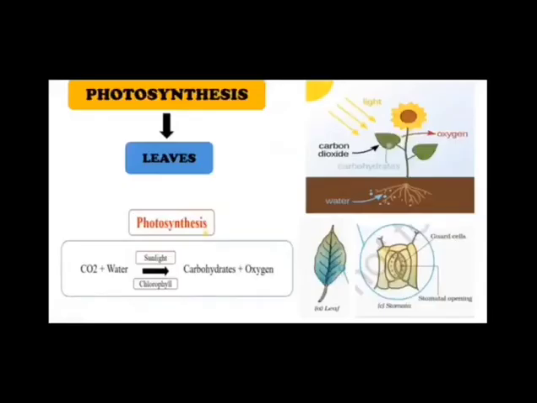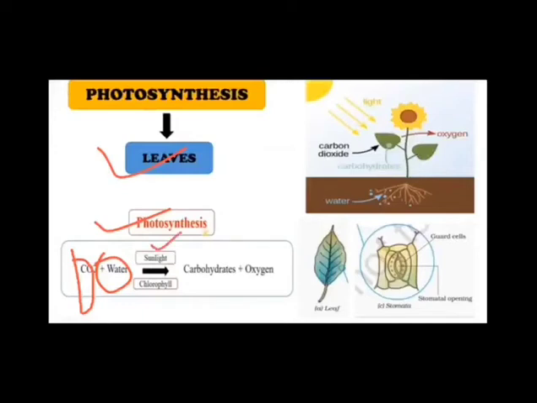Alright, so plants prepare food by the process of photosynthesis, and photosynthesis occurs in the leaves of the plant. Okay. So how do leaves prepare food? Leaves absorb carbon dioxide from the air, water and minerals from the soil, and with the help of sunlight and in the presence of chlorophyll.